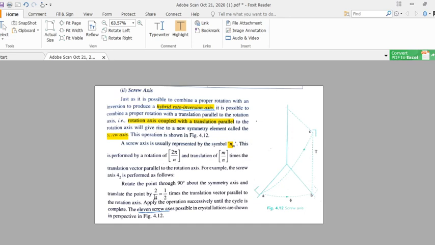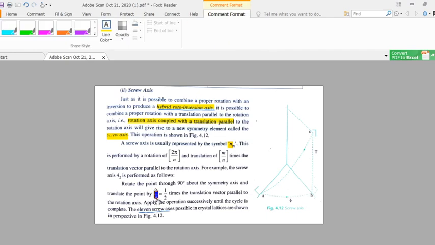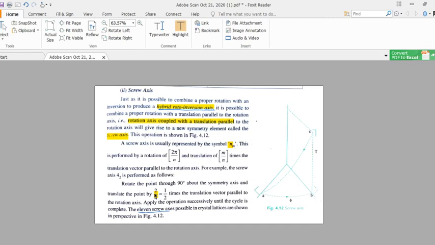And secondly, if you look here, the 2 is your translation information. How has it appeared? I am thinking of 4 suffix 2, that is n suffix m. How much n did I get from here? 4. Because 360 divided by 4 will give me 90 degrees.